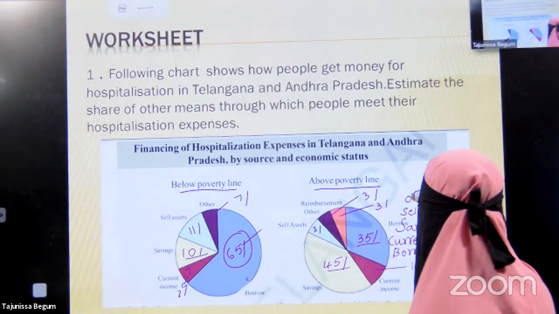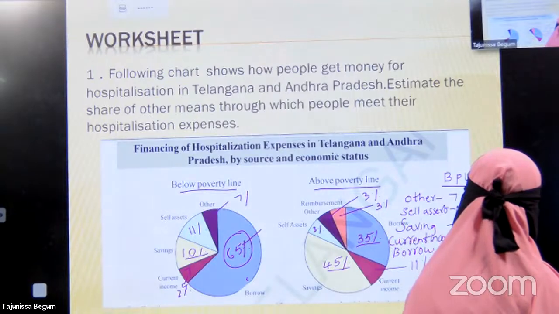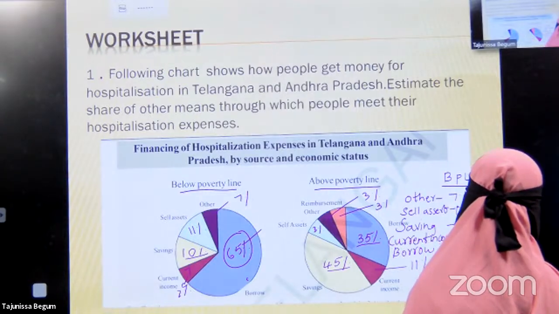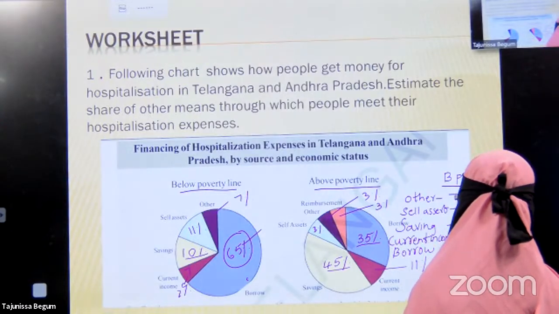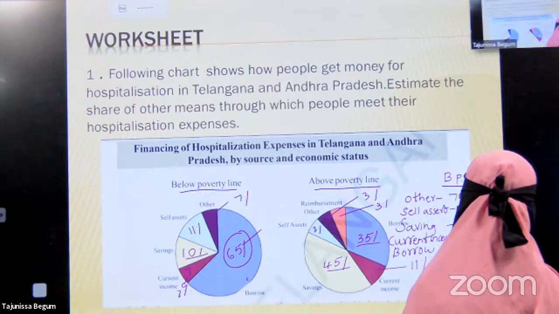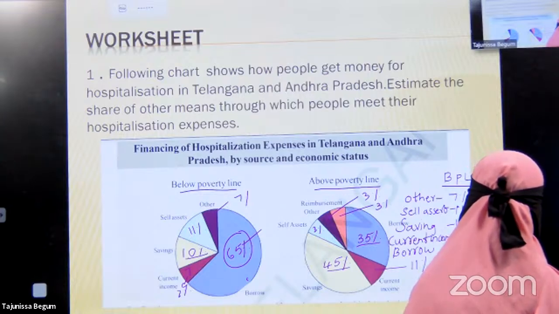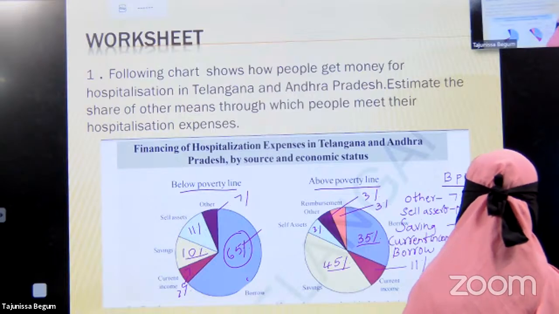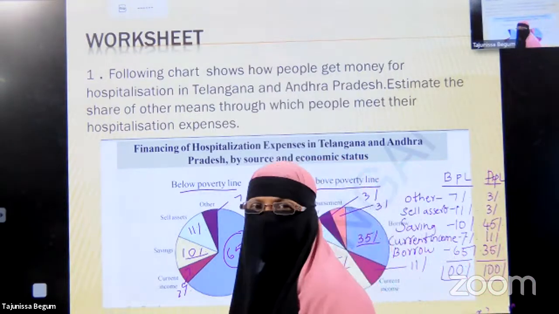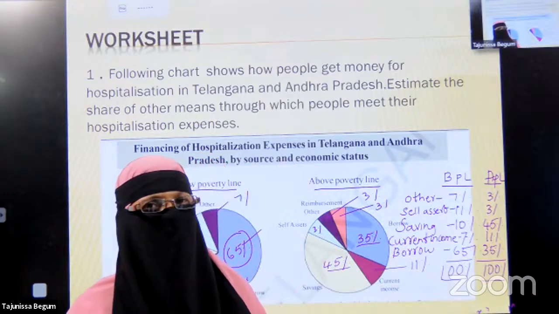And whereas, how much are they borrowing? 35%. So total, how much do we see, all of you? Yes, 100%. Out of 100%, these are the things the people are doing, the below poverty line people and above poverty line people. Is it clear, all of you?